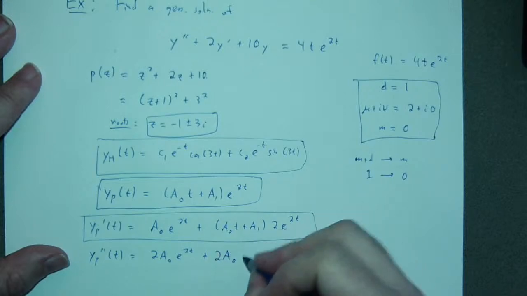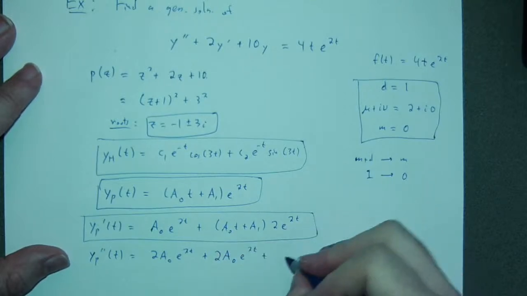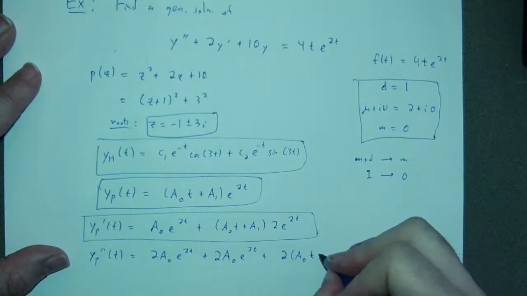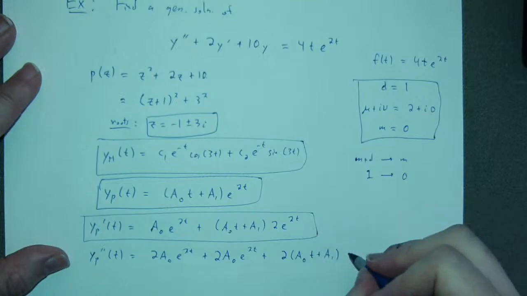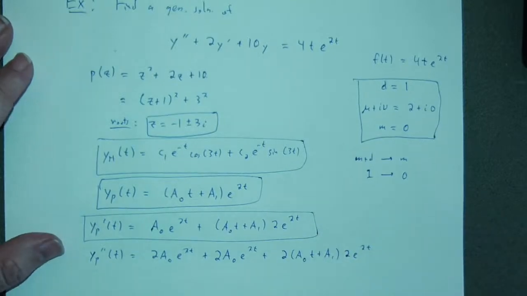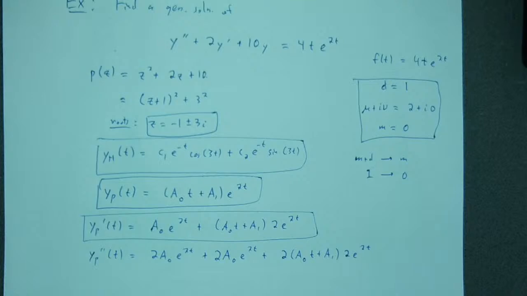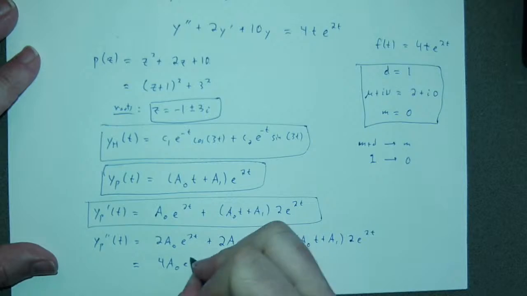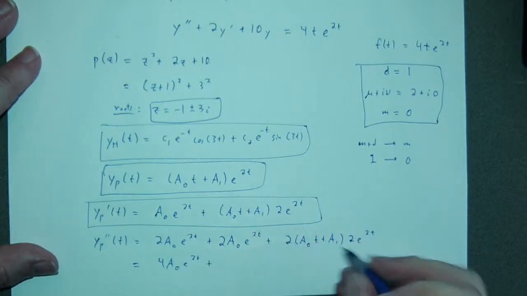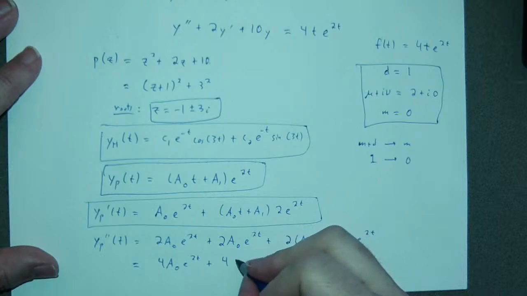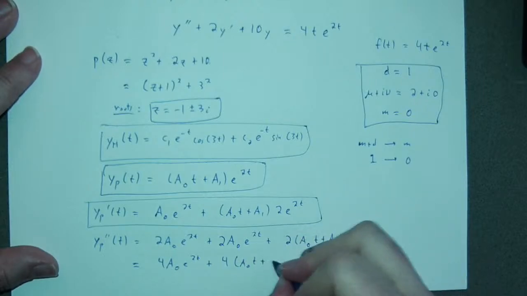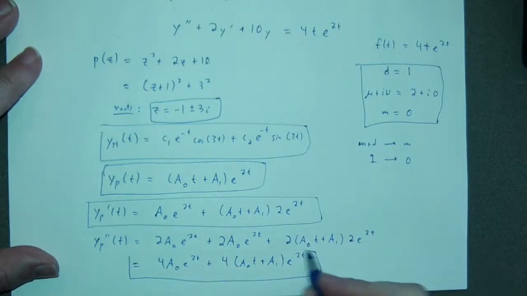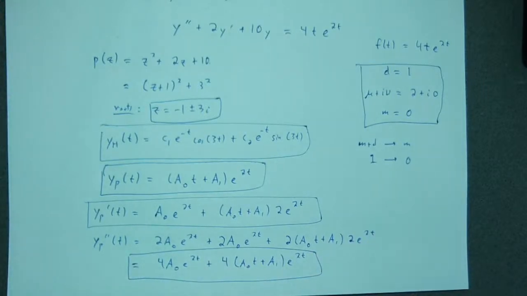So I'm just going to go ahead and write that as 2a0 e to the 2t plus, when I don't take the derivative of this first part, and then I take the derivative of the second part, I get 2 e to the 2t again there. So maybe let me simplify this a little bit. So this is 4a0 e to the 2t plus 4 times a0 t plus a1 times e to the 2t. There we go.